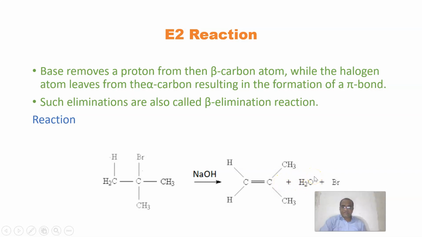There is no water molecule in the beginning, but at the end we can see that a water molecule has been formed and removed, and it is due to this base NaOH. It is also called a beta elimination reaction, because this hydrogen has been abstracted by the base, right?